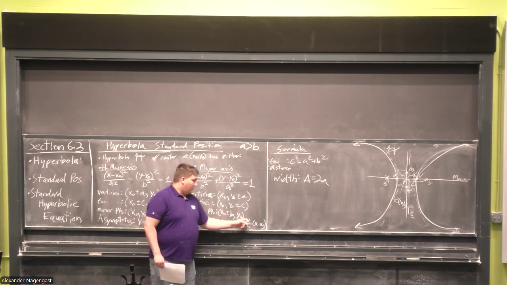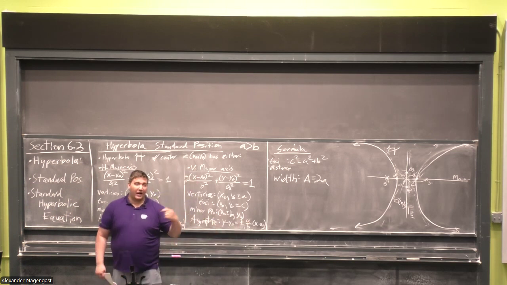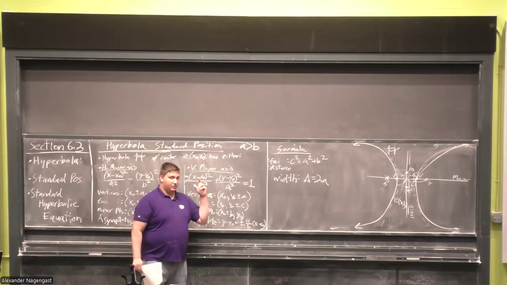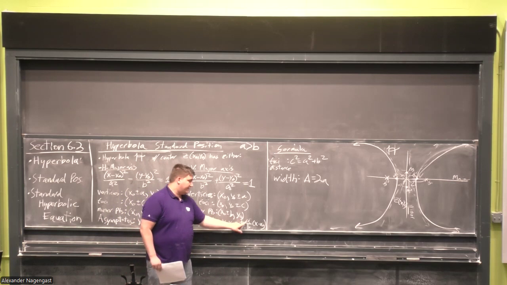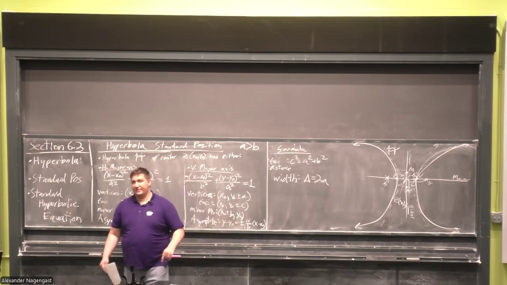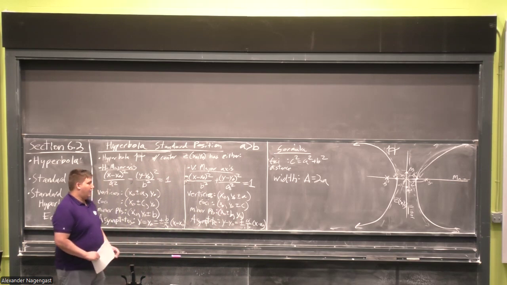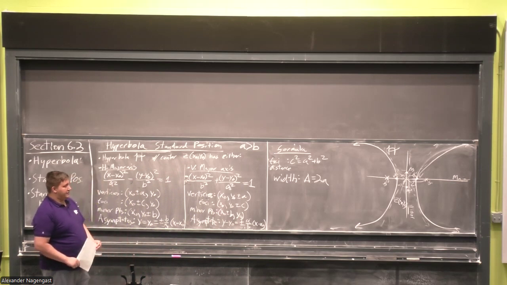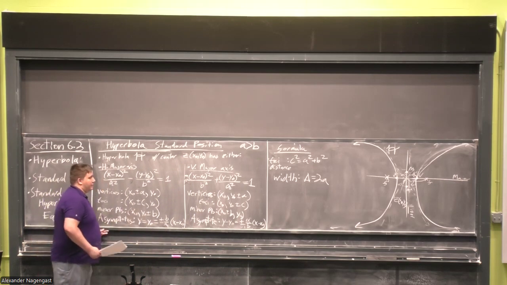Here, we've changed the notation of a and b because now our a is our vertical distance between the vertices. So that's our rise, and our run is the distance between the minor points, but it's still a horizontal distance. So that might be a memory trick to help.